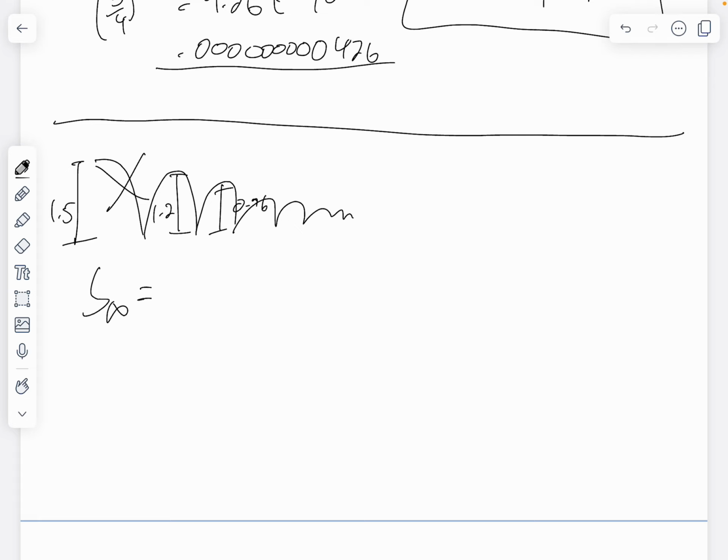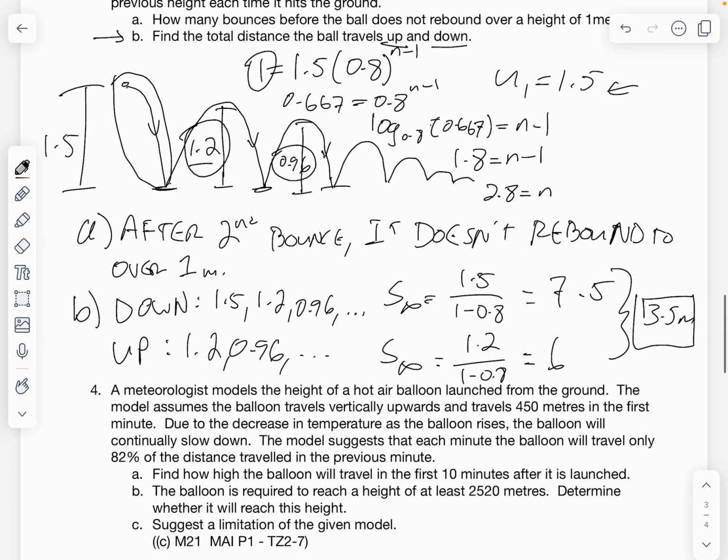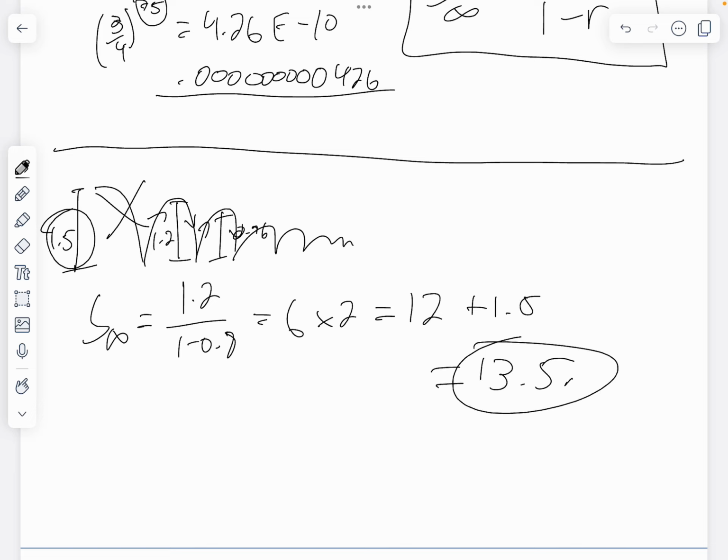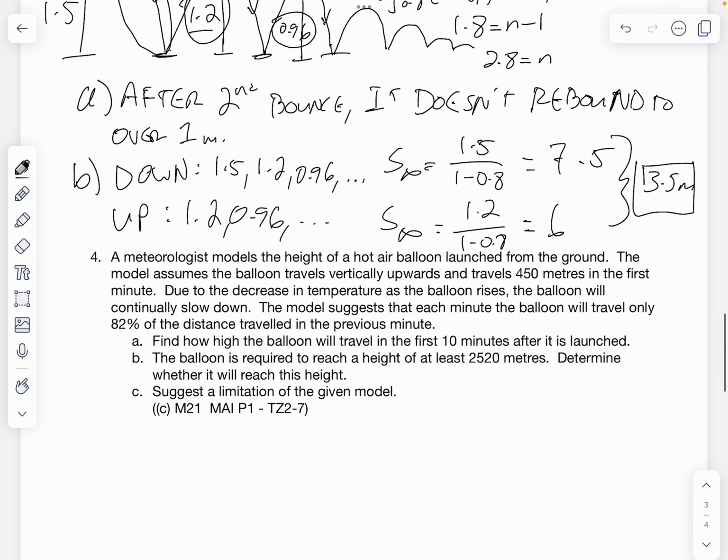So S infinity is 1.2 over 1 minus 0.8, which we know is 6. Then I multiply that by 2, because that gives me the up and the down for 1.2, the up and the down for 0.96, and for all of them. So multiplying by 2 gives me 12. And then I have to add the first one, so plus 1.5 gives me 13.5 meters again. Same thing we had here.